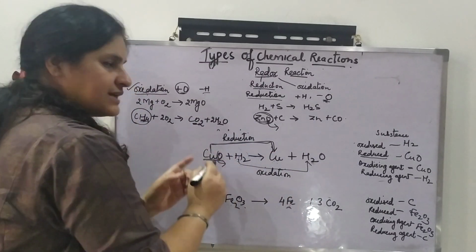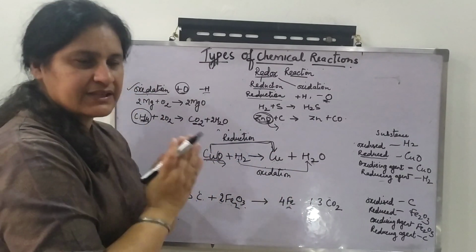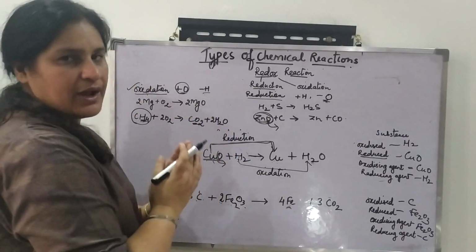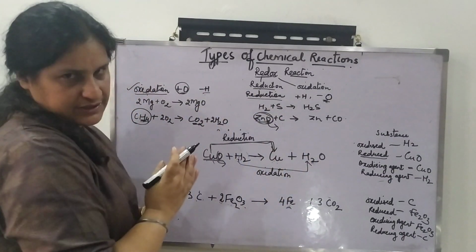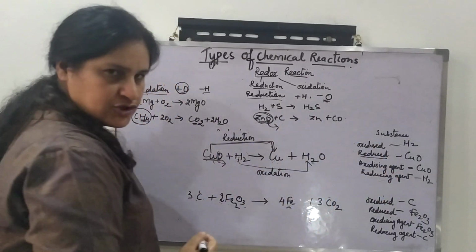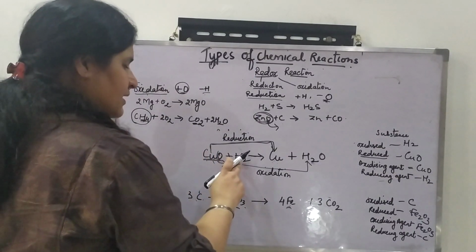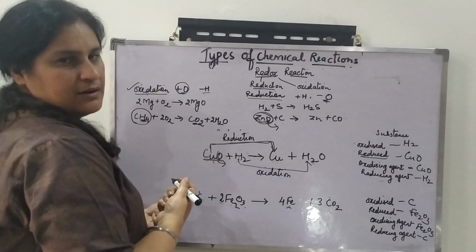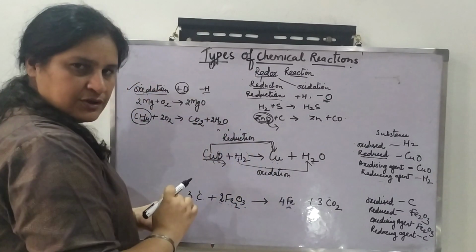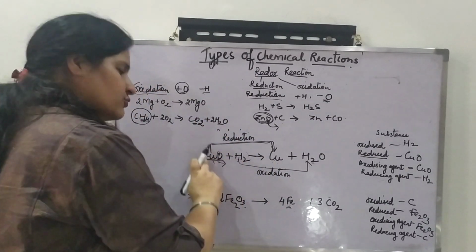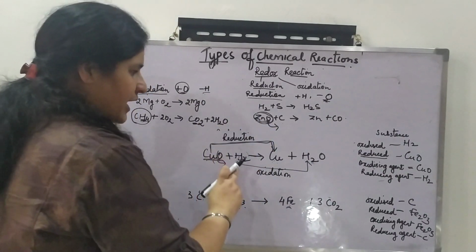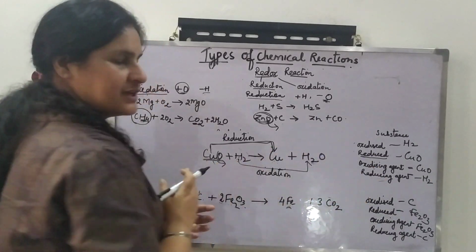So copper oxide is acting as an oxidizing agent, providing oxygen to hydrogen. And at the same time, hydrogen is taking oxygen from copper oxide so that copper oxide gets reduced. So hydrogen is reducing copper oxide to copper by taking away its oxygen, so hydrogen is acting as a reducing agent.